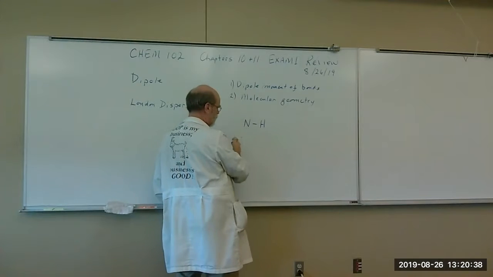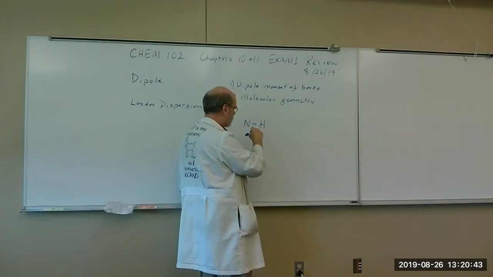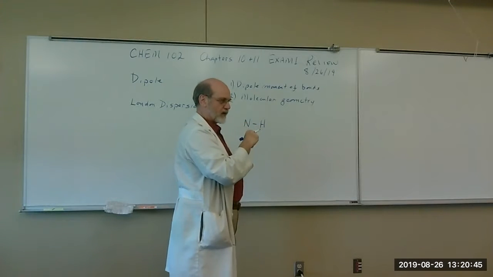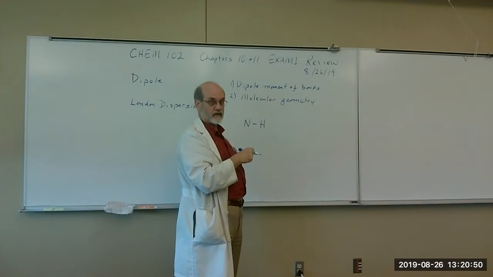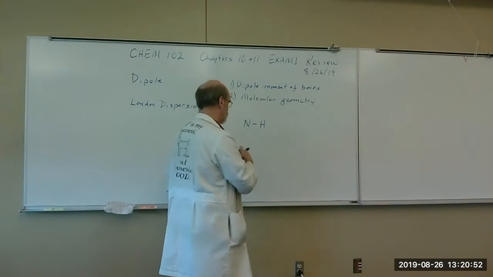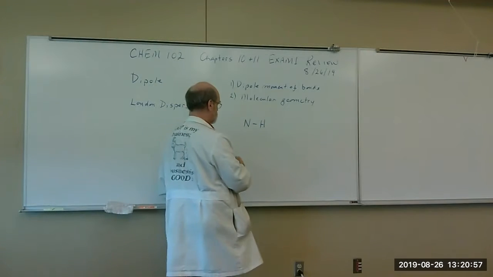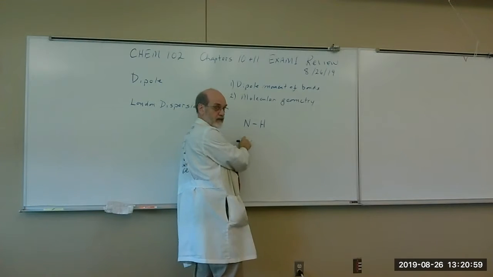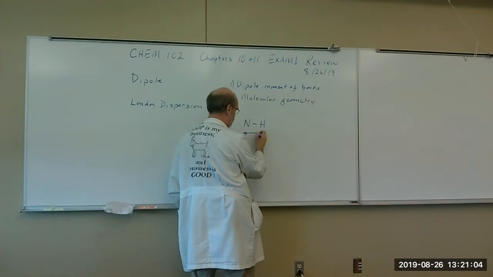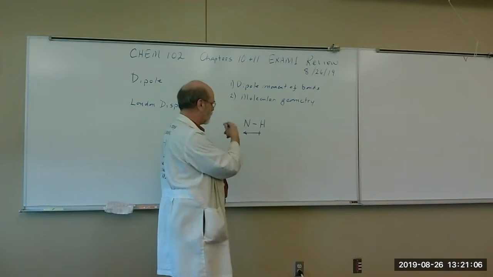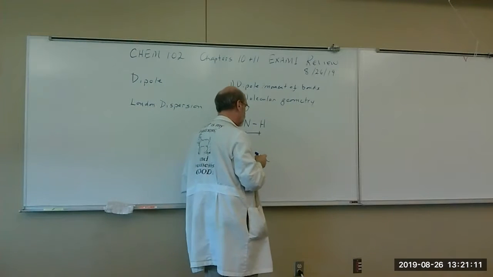Whatever else is bound over here, because nitrogen can have some more bonds. But if we're focusing on the bond, which way is the dipole moment? Remember how we represent that with an arrow and a plus sign on the tail? Right. So would it be going this way or that way? So this is more electronegative than nitrogen? Oh, no. It's the other way. Yeah. So the dipole moment is that way for that bond. Okay.